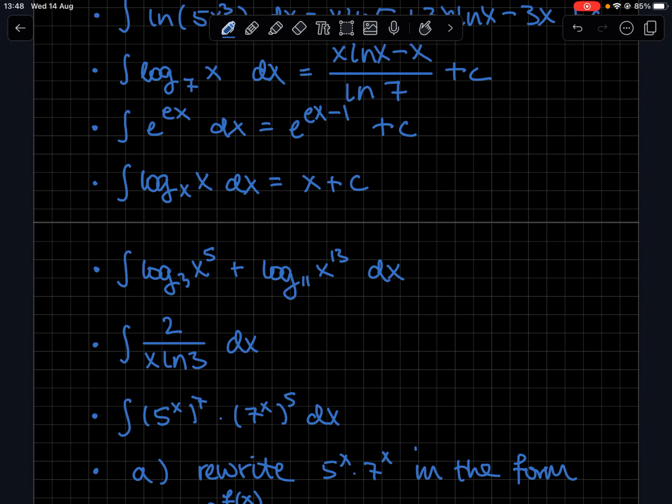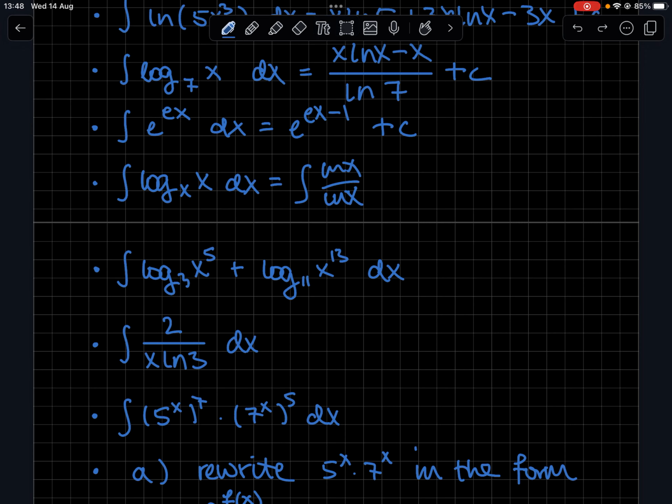Actually, before we move on, I want to point out a common mistake. If you were to rewrite this as the integral of ln x over ln x, of course this is just 1.